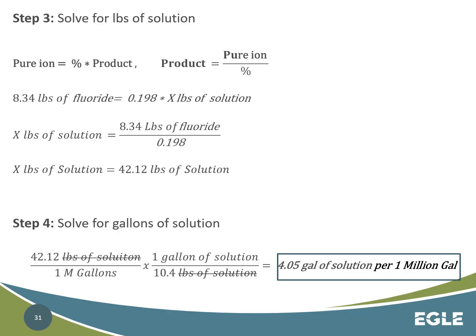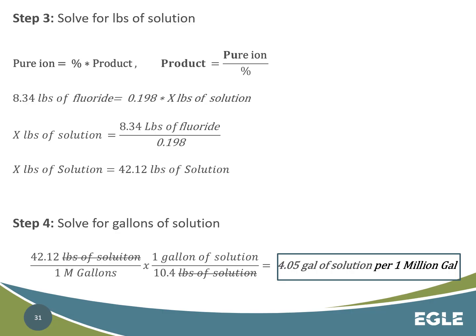That'll tell you what equation you use, and these are just basic percentage calculations, simplified for ease of understanding. So product, your pounds of solution, is pure ion divided by your percentage. And again, percentage has to be in the decimal representation of that.